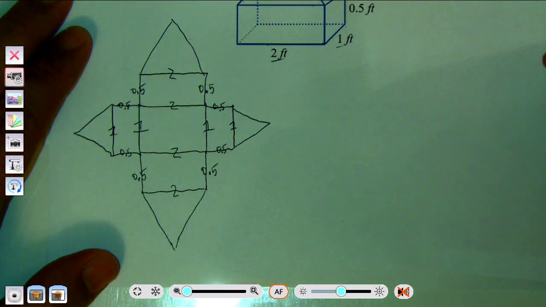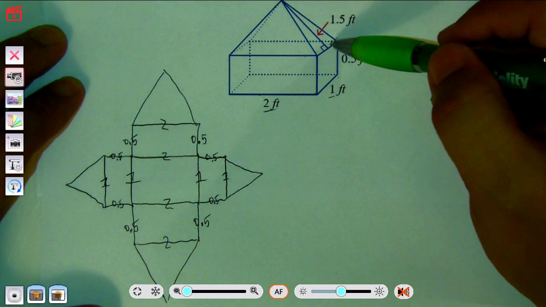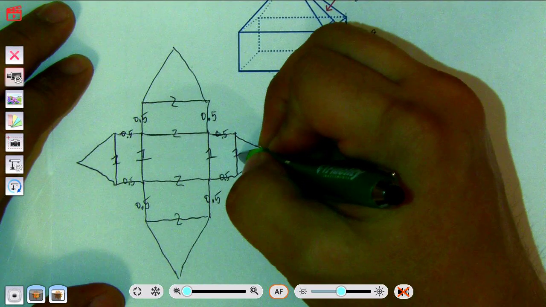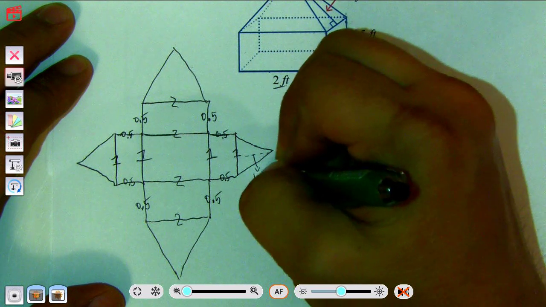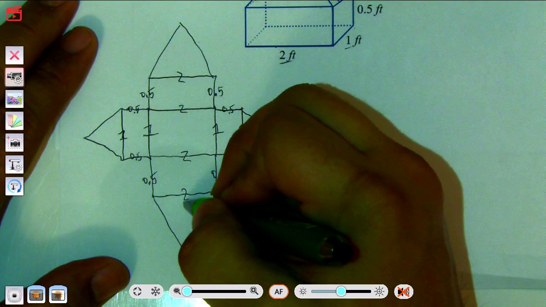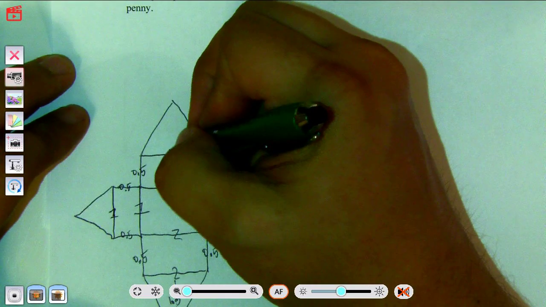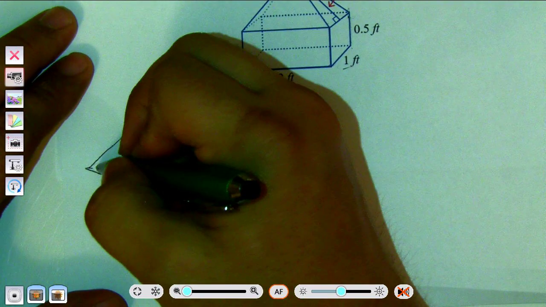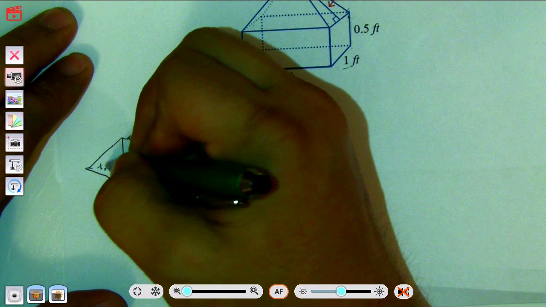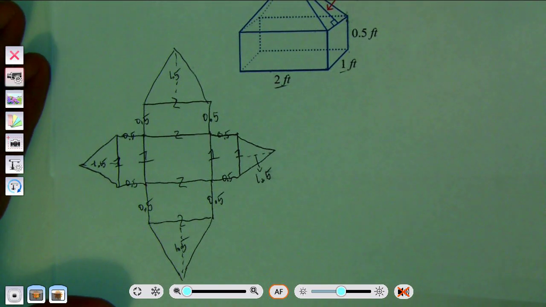And we are told that the slant height of each of the triangles is 1.5. So each one is 1.5. Now this is a little different because these triangles are not all the same size. So we're going to go through, we're going to find all of the areas.